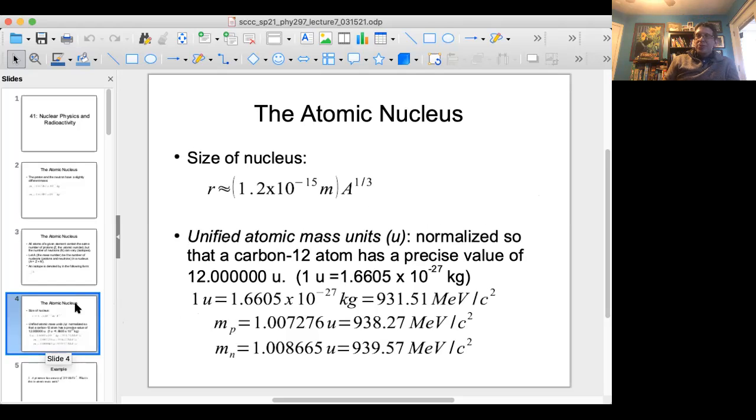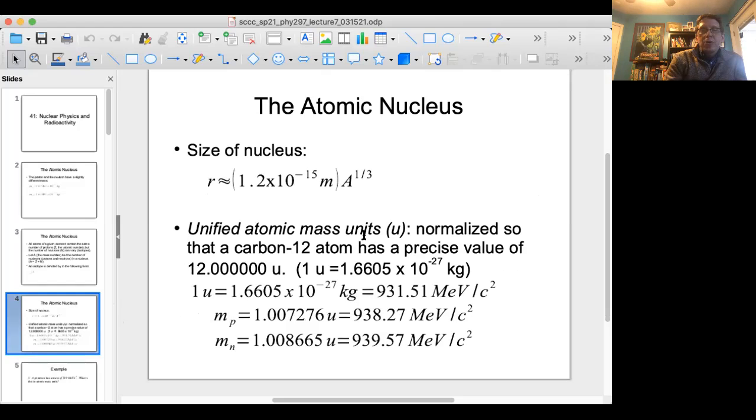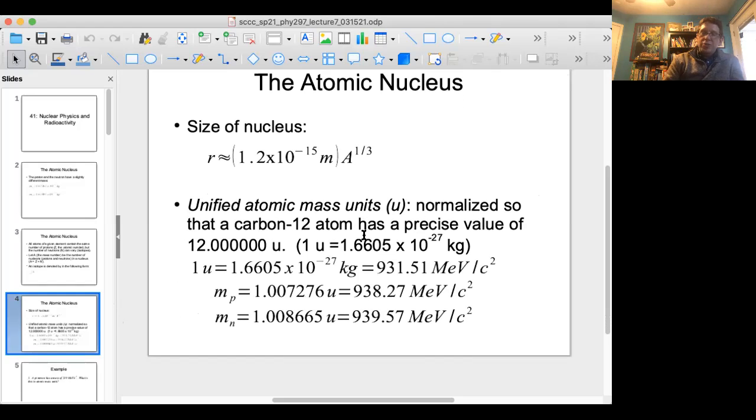The size of the atomic nucleus can be approximated from the equation R is equal to 1.2 times 10 to the negative 15 meters, which is basically the size of a proton, multiplied by A to the 1/3 power. Now, mass in kilograms is an inconvenient unit to work with at the atomic and nuclear scale.